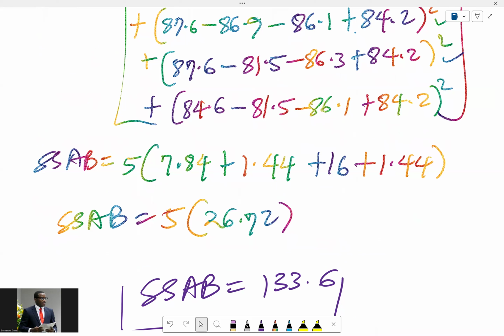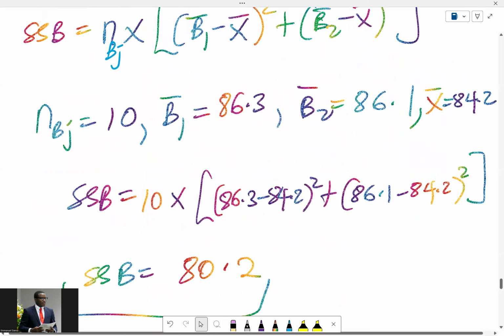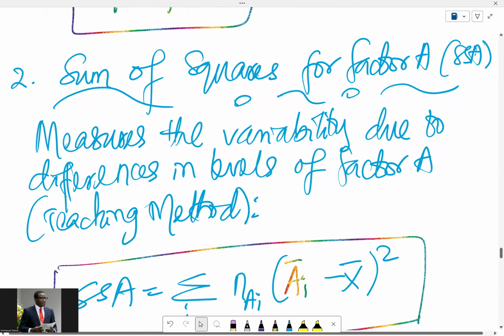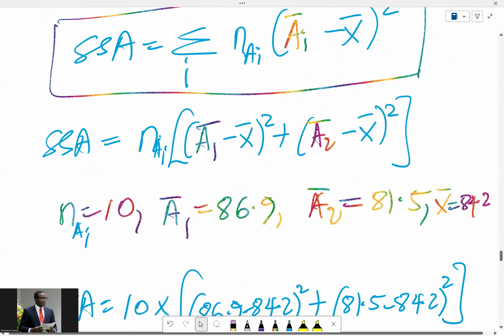It's 16. Okay, that's fine. So SSAB is 133.6. Now all this sum of squares is just step 4 of two-way ANOVA.